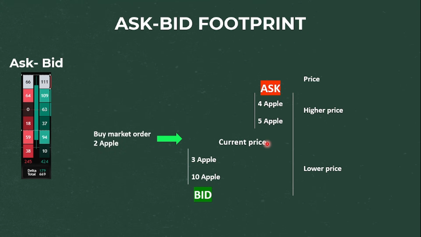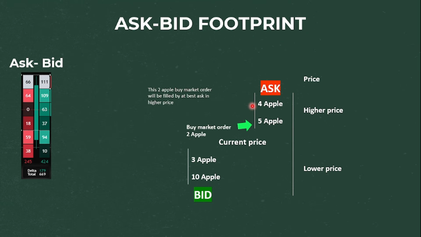Now let's say someone came and put a buy market order with a size of 2 apples. This order goes to the ask side and is matched with the best ask price above the current price. For example, if there is a 5 at the first level, the first tick, it will be calculated as 5 minus 2, and there will be 3 apples left in the sell limit orders.